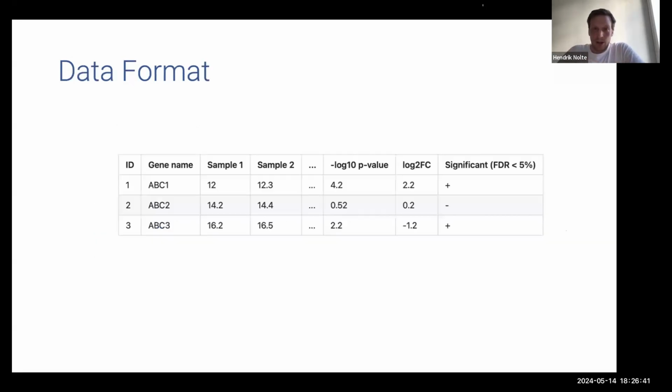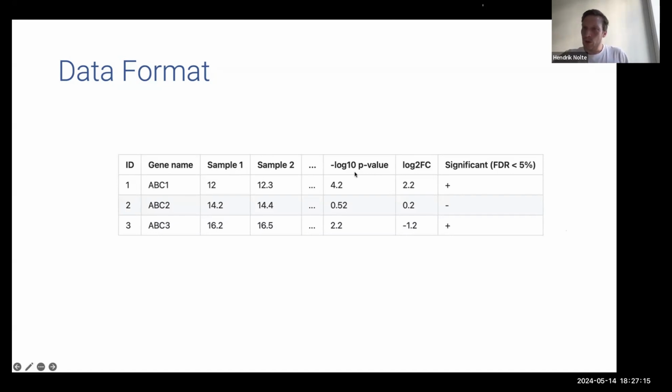Okay, then just to introduce a bit the data formats that we are dealing with that are implemented in the software, which are available as a tutorial data file, which most of them will look like this, where you have some kind of gene or protein in rows, and then you have certain quantitative values, which are coming from the mass spectrometry-based proteomics, meaning the abundance of the protein in your different samples.